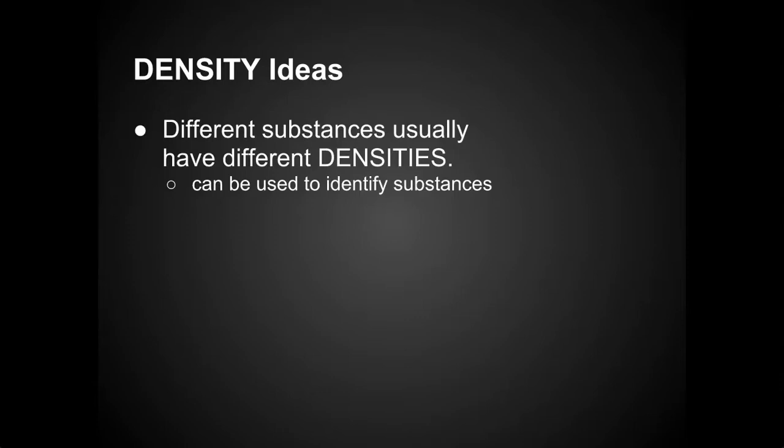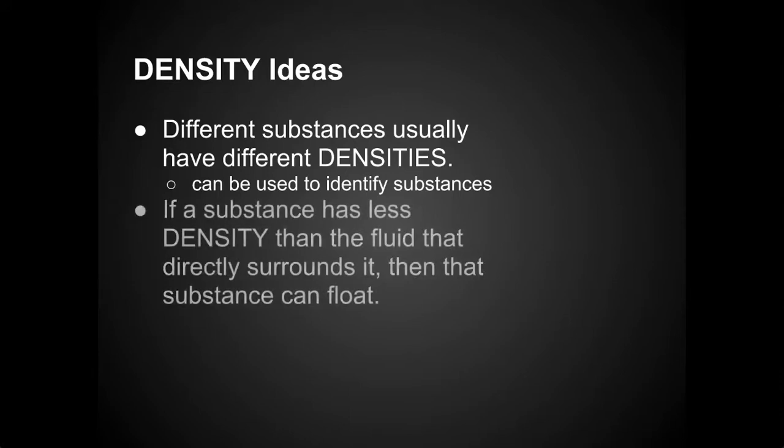For example, if I had a metal and wanted to know what it is, I can figure out the density by taking the mass of that metal and dividing it by its volume, and then looking up online which metals have that density or are close to it, which gives me an idea of what that metal might be. That's a really important property of density.